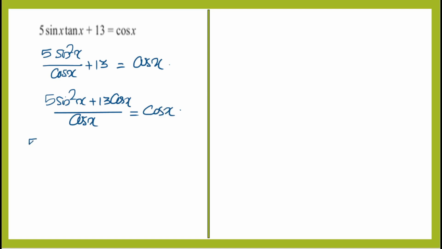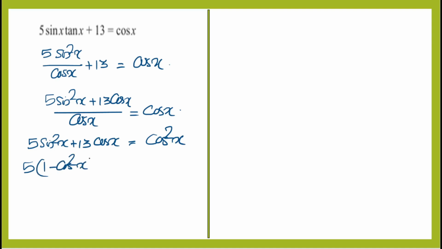Now cross multiplying, 5 sin square x plus 13 cos x equal to cos square x. Now rewrite sin square x as 1 minus cos square x. 5 times 1 minus cos square x plus 13 cos x equals cos square x.